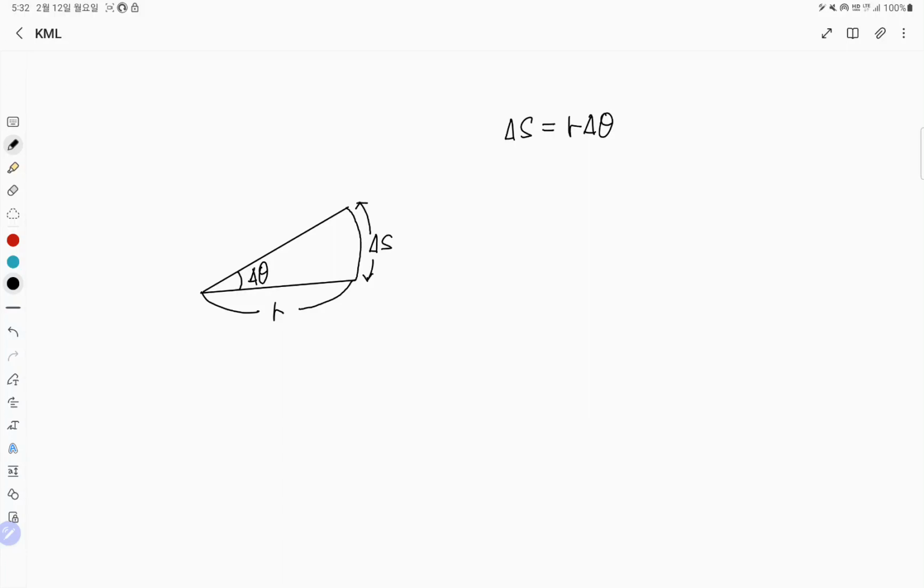And then we divide both sides by delta t, the time taken. The left side becomes the tangential speed, and that's equal to radius times omega, which is the rotational speed.